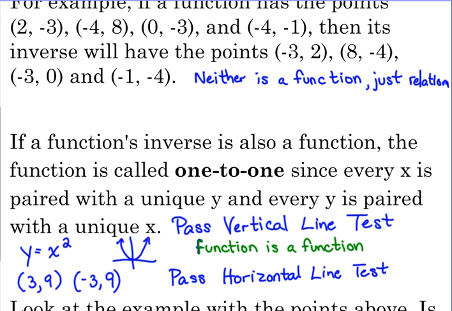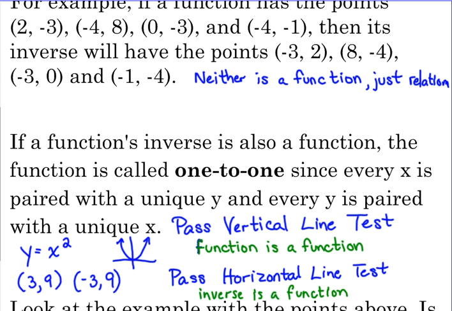If something passes the horizontal line test, that means its inverse is a function. So vertical line test, that's what you're used to. That's to test if something is a function, really, I guess I should say relation. If it passes the horizontal line test, then its inverse will be a function.